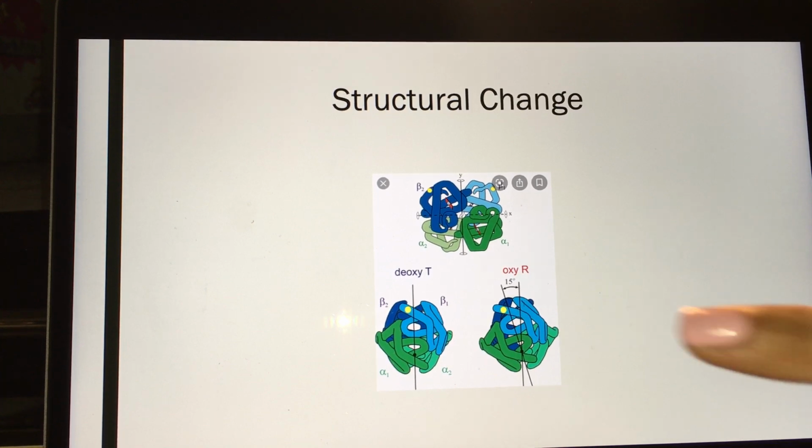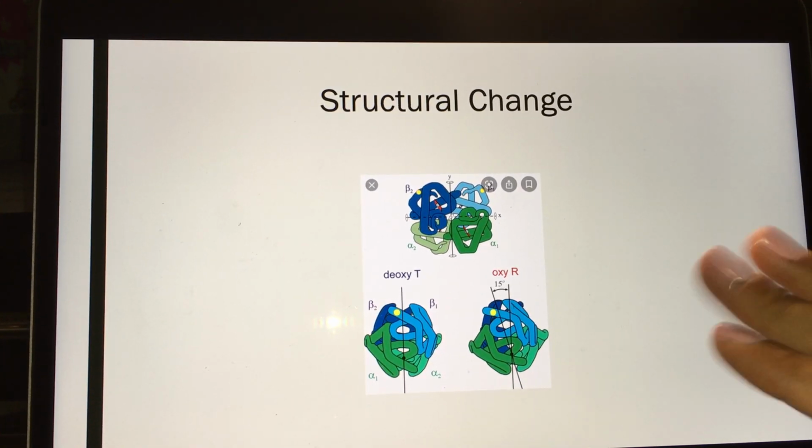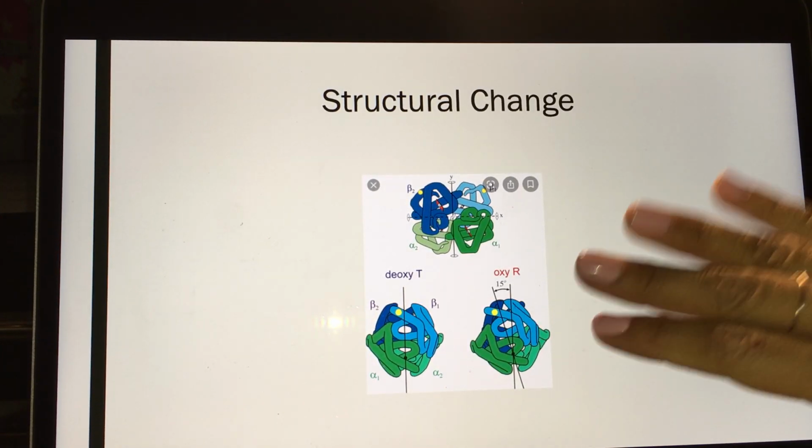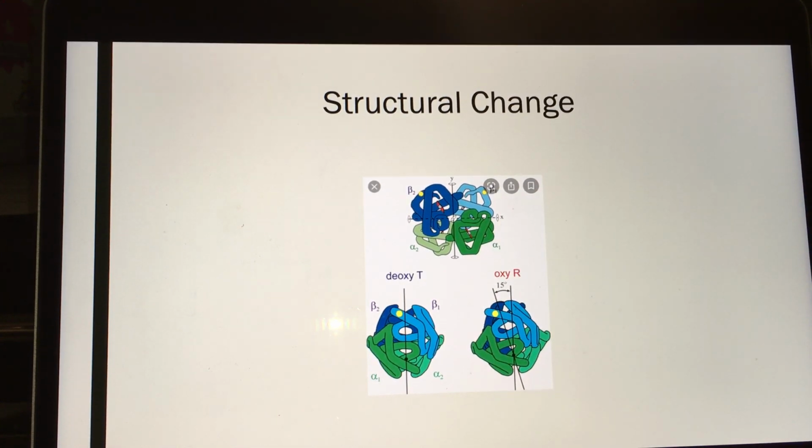So here I have a picture about what happens in this structural change.